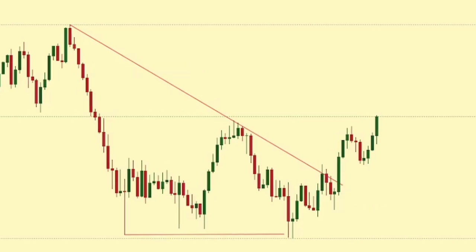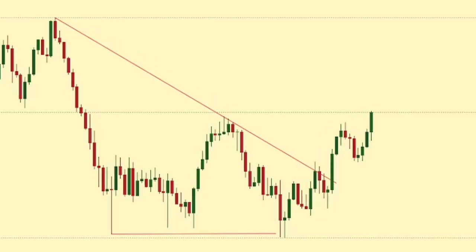The problem be say many traders just draw one big rectangle around candles without understanding the structure of the zone.